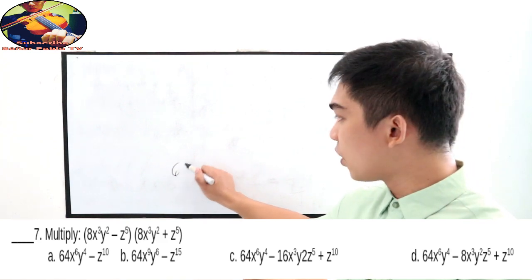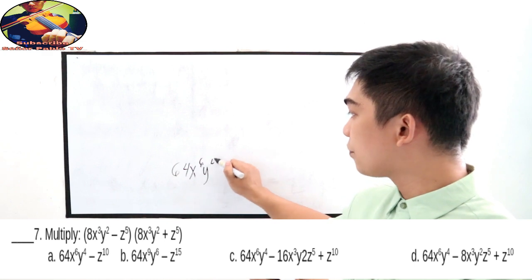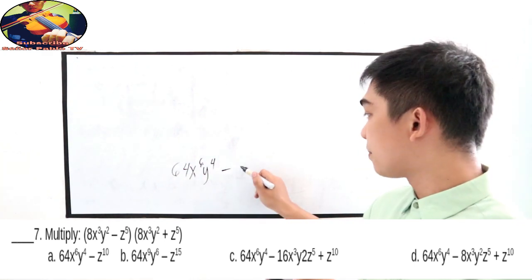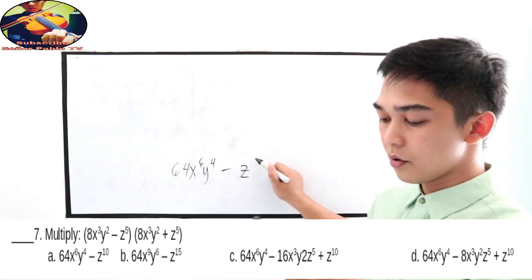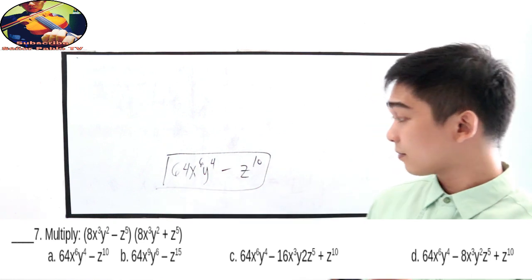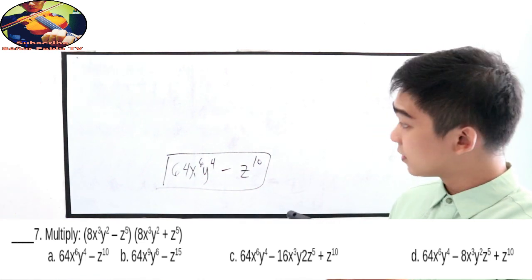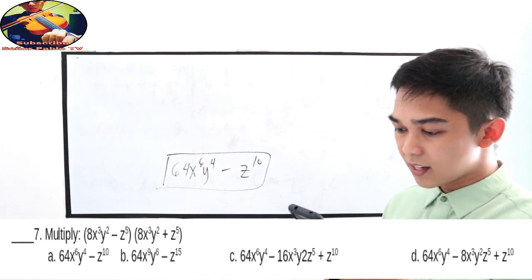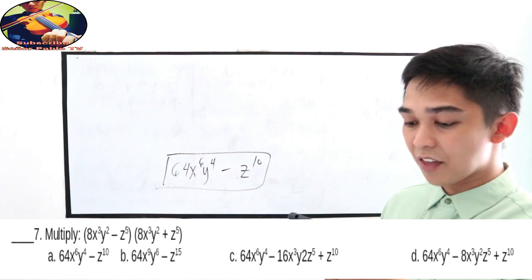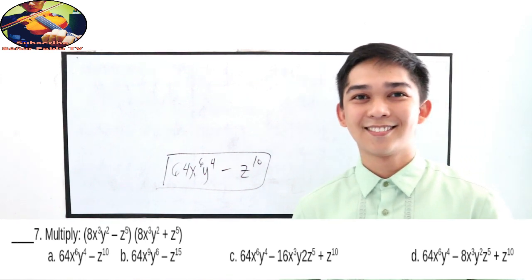So 64 x raised to 6, y raised to 4, minus, square the second term, z raised to 5 times 2, 10. So ito yung final answer natin. That is letter A. Letter A sa number 7, as in apple.